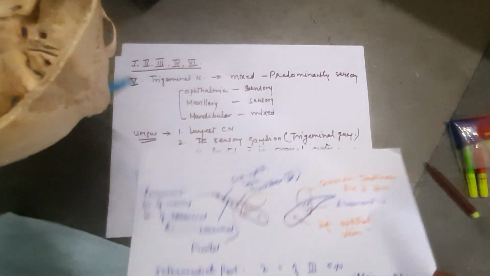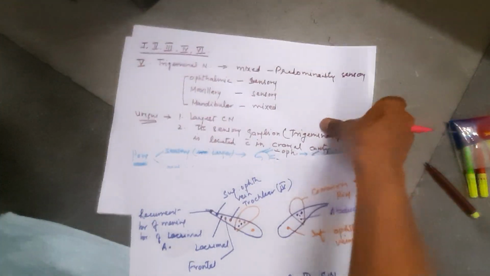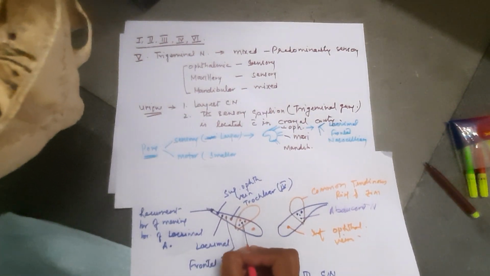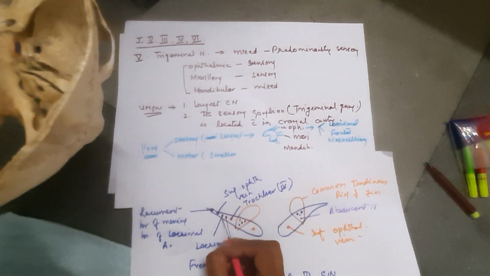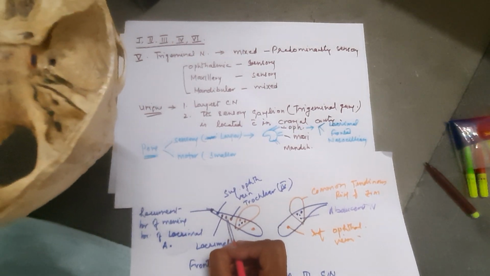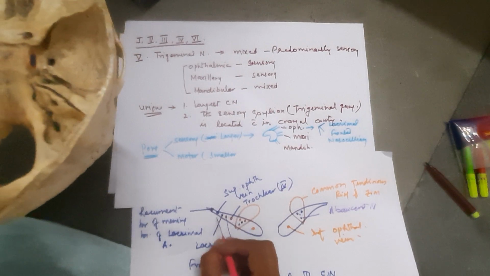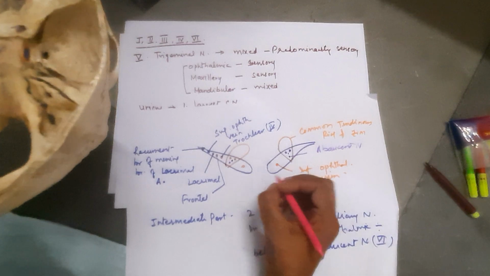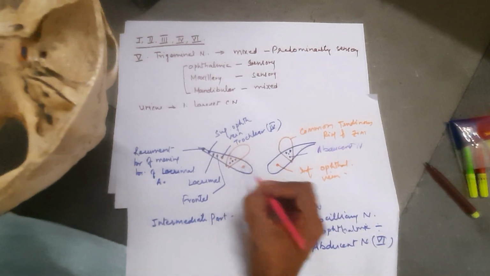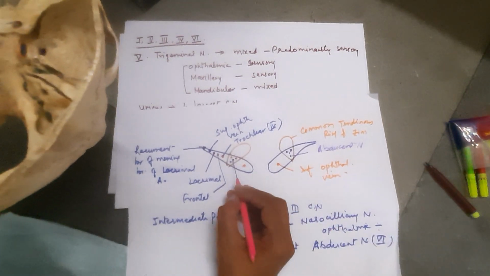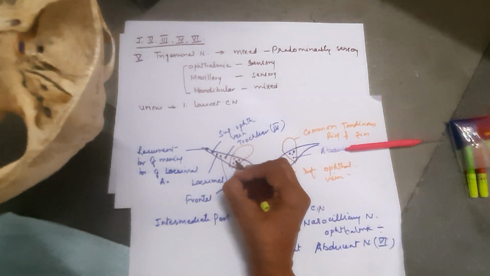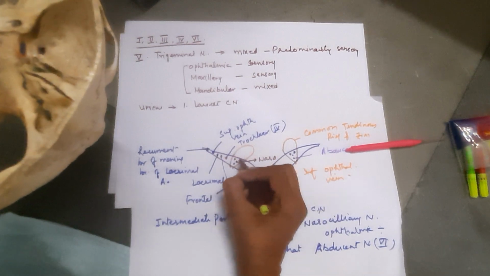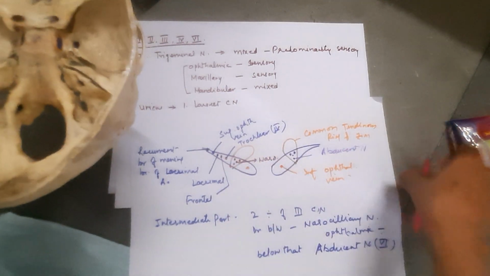What are the structures of the ophthalmic division? 3 nerves. This is the lacrimal, this is the frontal, and this is the nasociliary. The lacrimal and frontal divisions will pass through the lateral part of the superior orbital fissure, while the nasociliary division will pass in between the 2 divisions of the third cranial nerve.